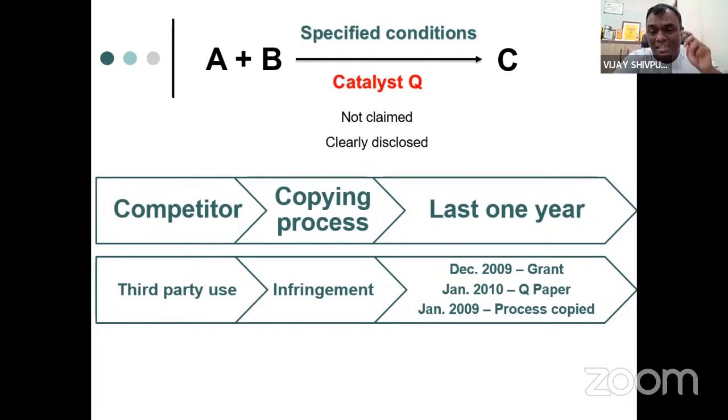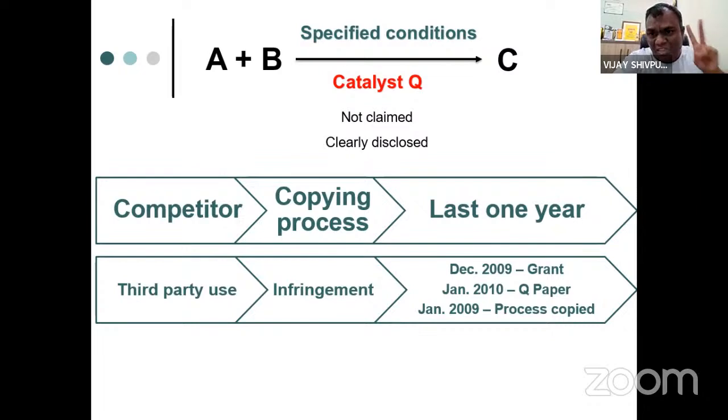Still it is an infringing process, because does their process contain A as a reactant? Yes. B as a reactant? Yes. Does it give C? Yes. Is it done under specified conditions? Yes. Whatever you add, Q, X, Y, anything that you add is irrelevant for the determination of infringement. And the product is infringing.